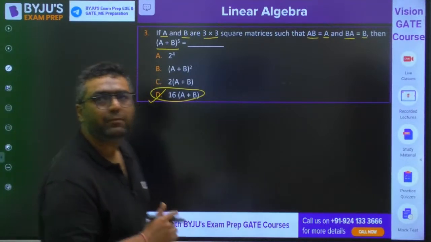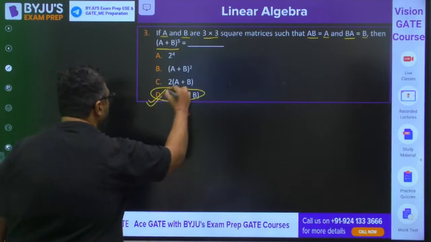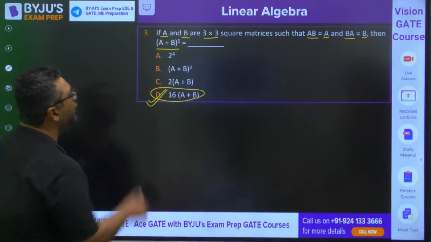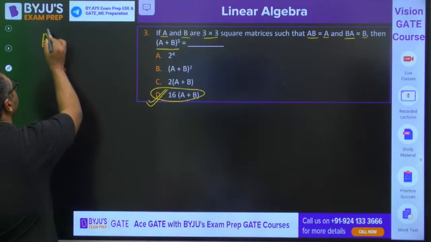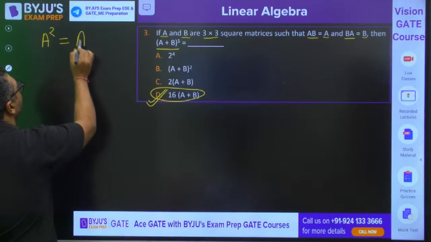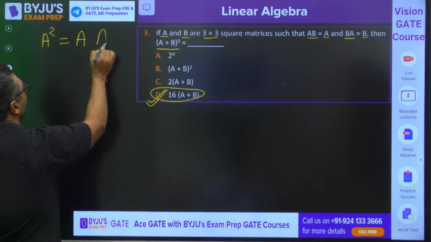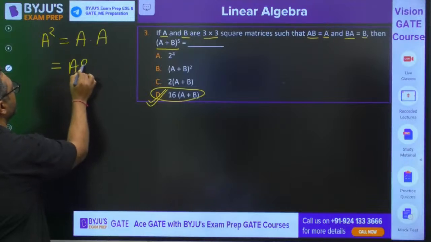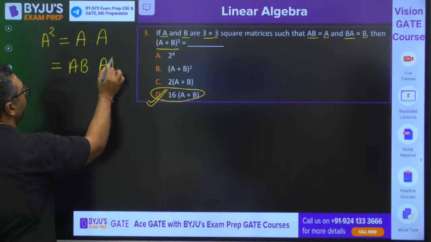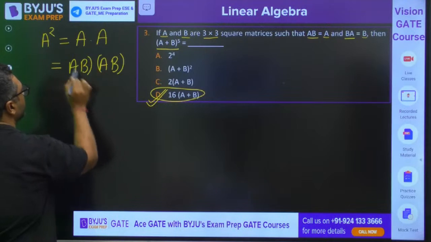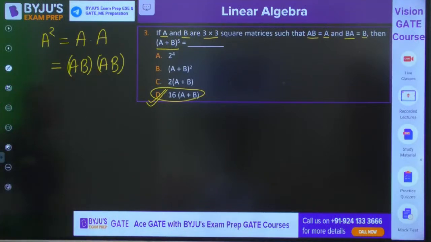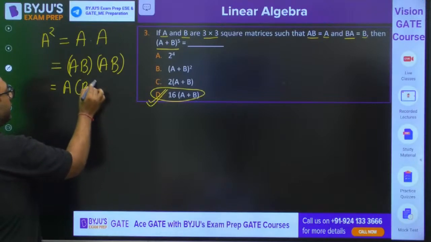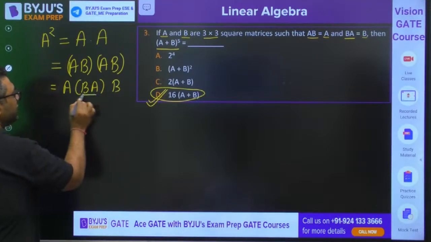Sai Kiran and Malesh have also given the answer as D. So let us see how to solve it. First of all, you can see that A into B is A. So what is A square? We can write A square as A into A. A can be written as AB. Can we write it like that? We can also write it as A, BA, B. What is BA?